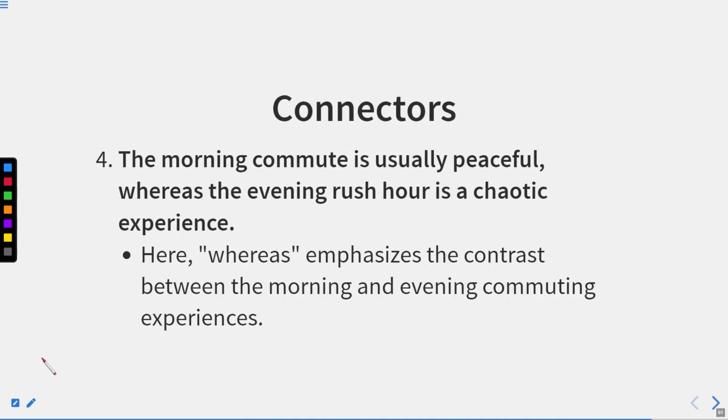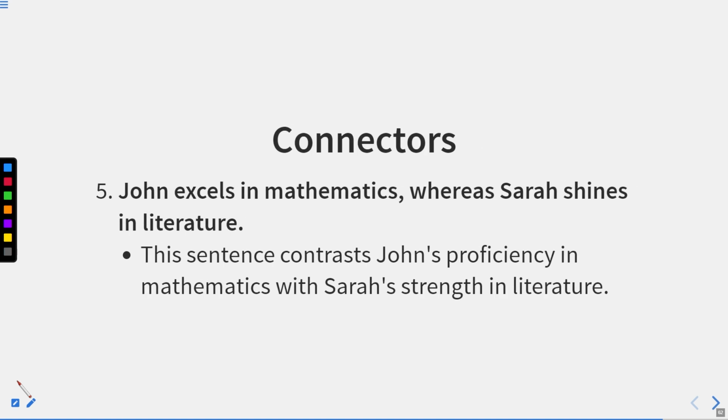Now, the morning commute is usually peaceful, whereas the evening rush hour is a chaotic experience. Here, whereas emphasizes the contrast between the morning and the evening commuting experiences. John excels in mathematics, whereas Sarah shines in literature.